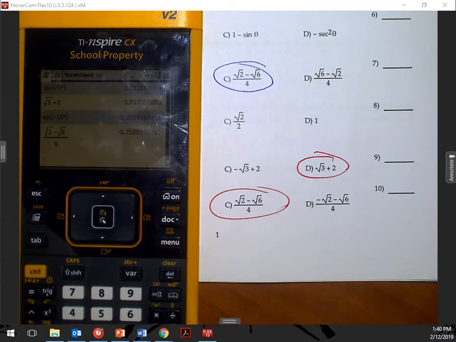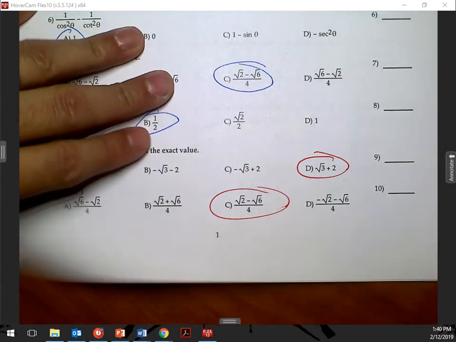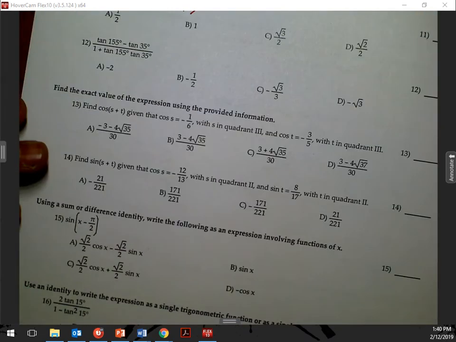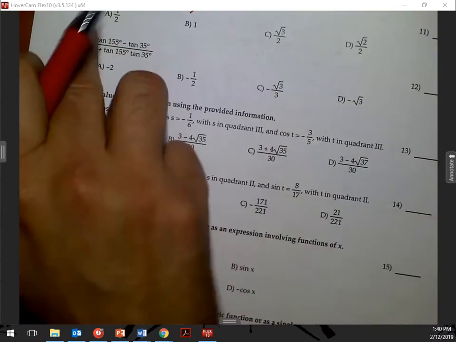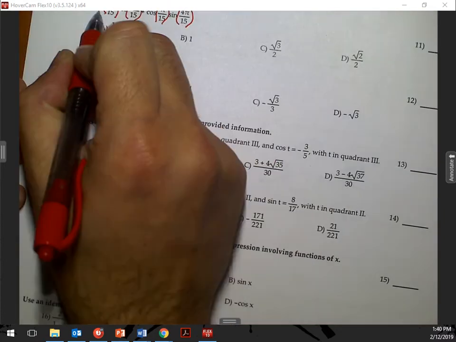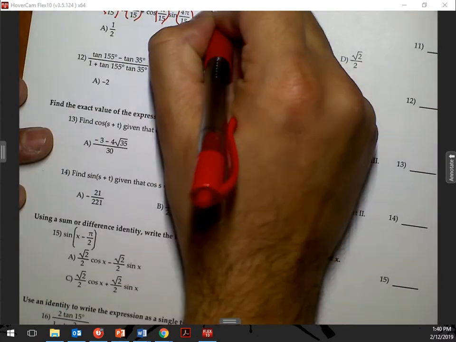So rad 2 over minus rad 6. Okay. What did we get on the other one? Oh, C. You get C? Yeah. All right, let me see. So sine cosine is a sine problem.